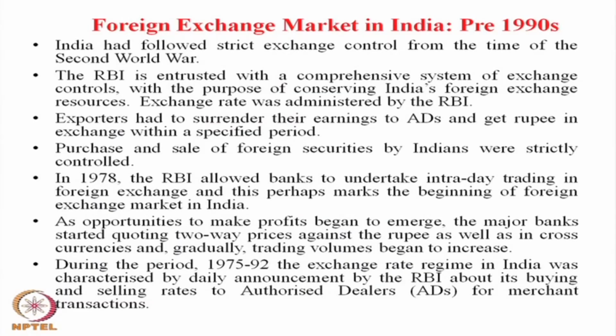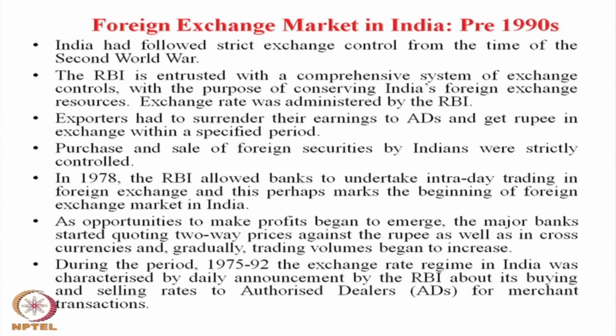The exporter had to surrender the foreign currency to the authorized dealers. Authorized dealers primarily were commercial banks, and the authorized dealer provided the rupee at the exchange rate decided by the RBI. The purchase and sale of foreign exchange or foreign securities by Indians were strictly controlled.